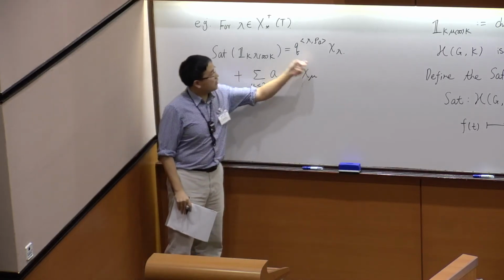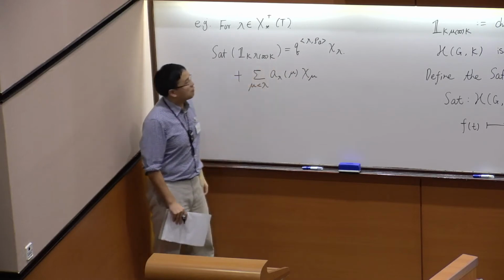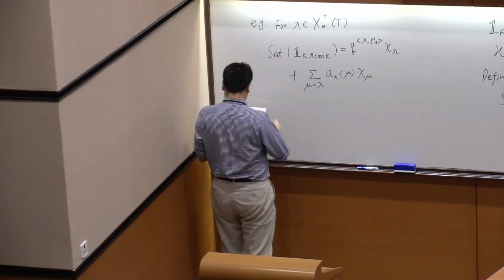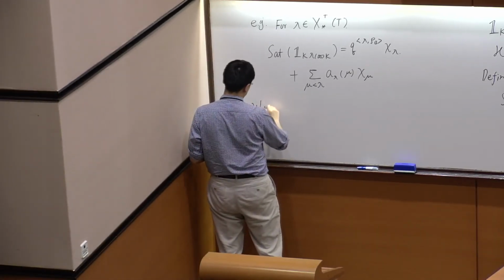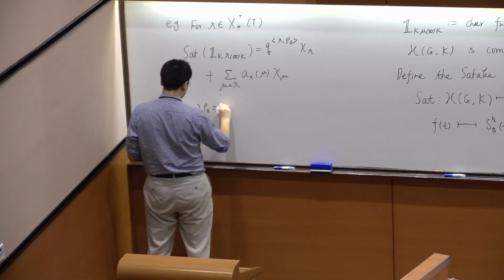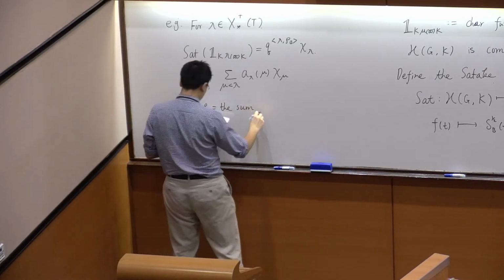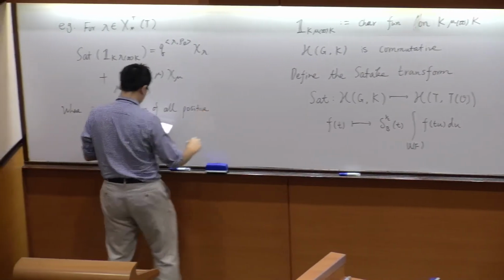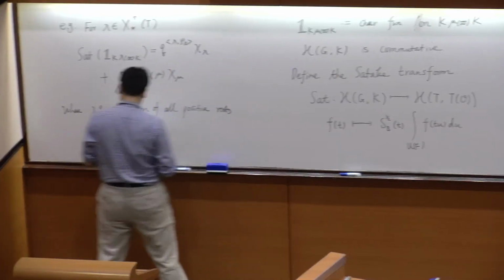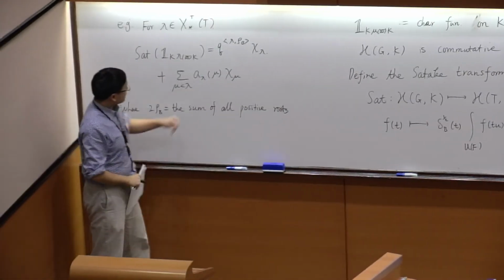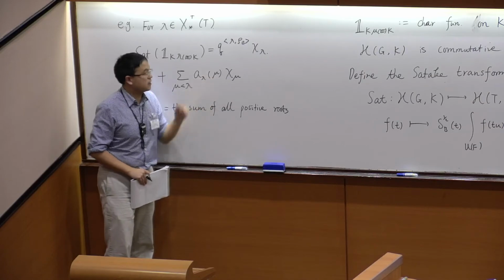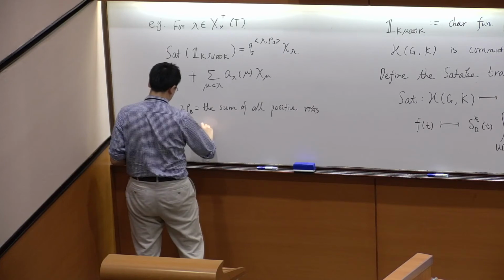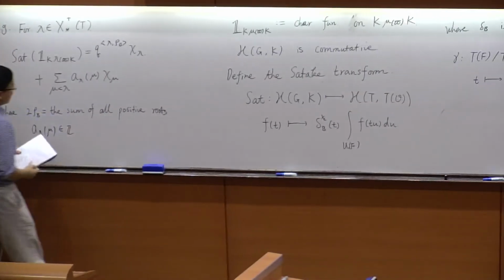Here rho_B is half of the sum of the positive roots, and this part, a_{lambda,mu}, is an integer. So this is an integral linear combination.